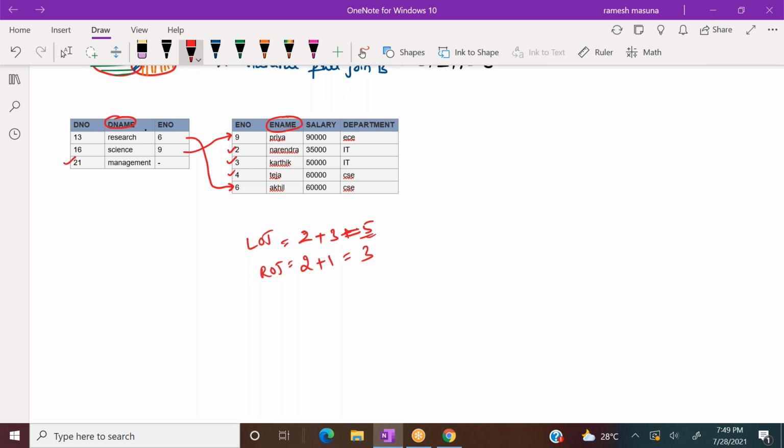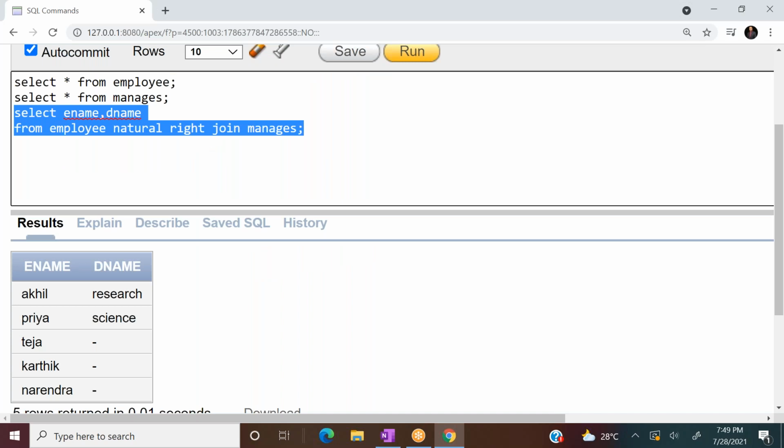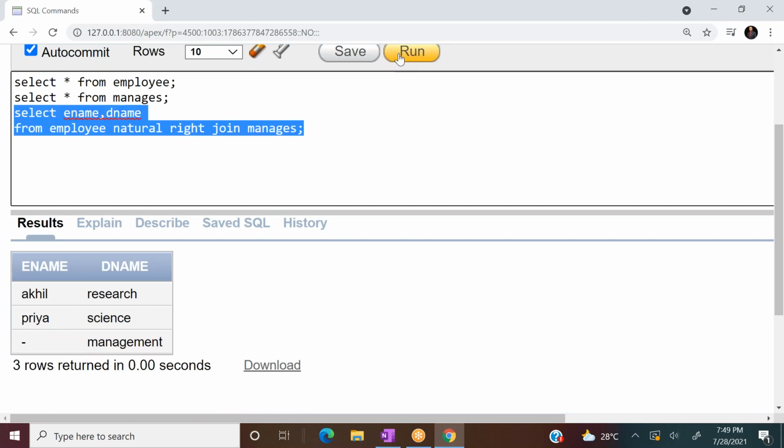So I'm going to get 3 records. So what kind of output am I going to get? Priya managing science, Akhil is managing research, and the management department is not managed by any employee. Right? Look at. Click run. See, Akhil is managing research, Priya is managing science, management department is not managed by any employee.